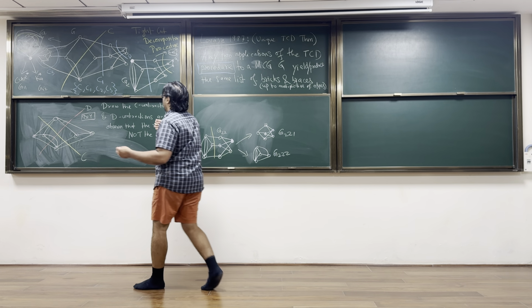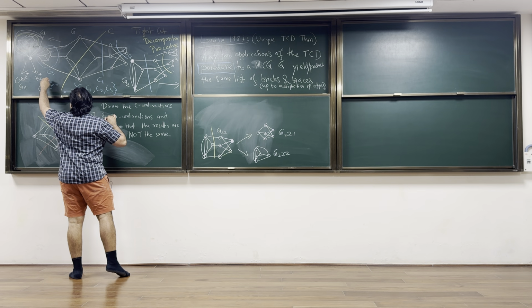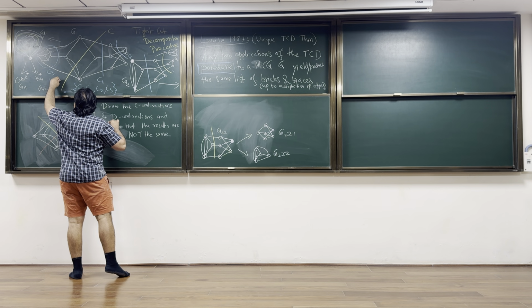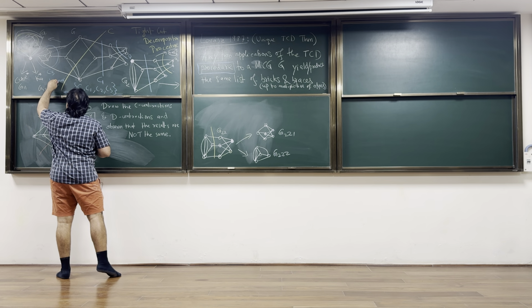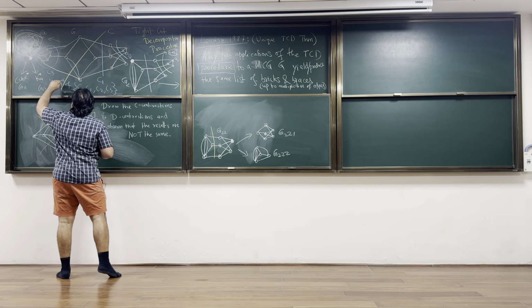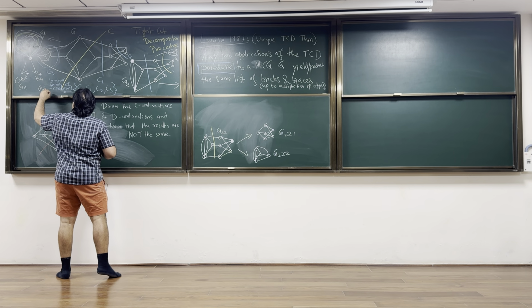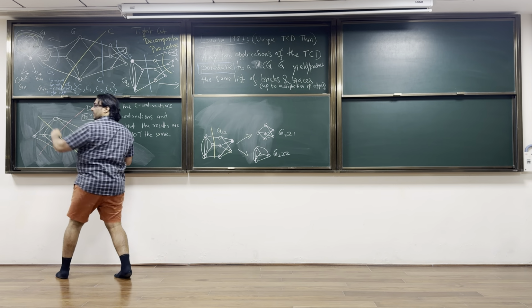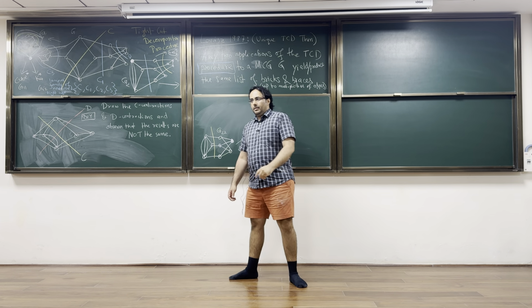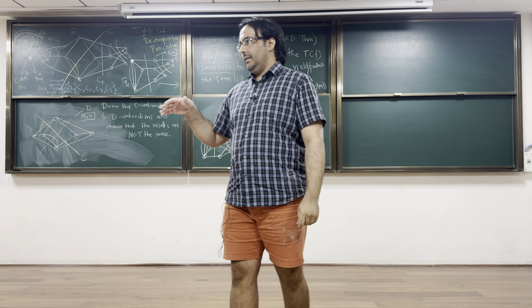So this is what I'll call a laminar family. By laminar family, I mean any two in the family are laminar, pairwise laminar. This is a laminar family of non-trivial tight cuts. You all agree? We have a laminar family of non-trivial tight cuts in the original graph.